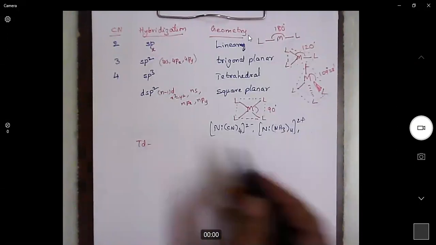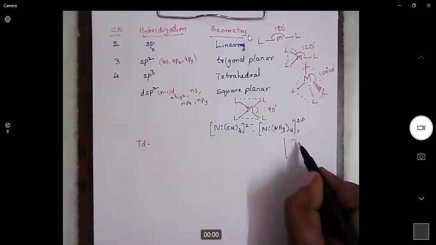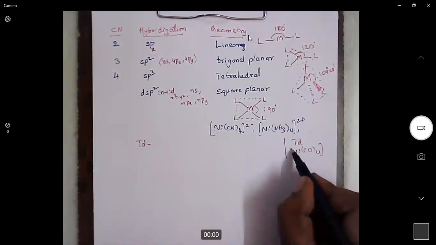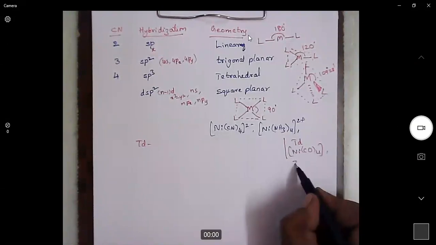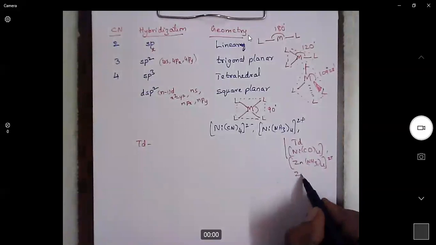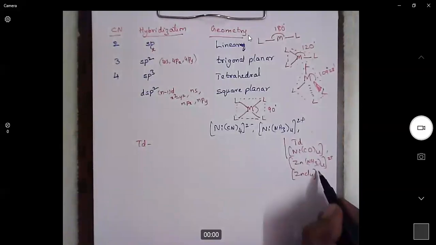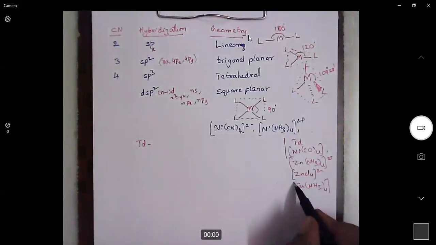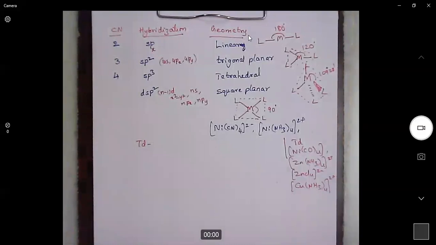For tetrahedral geometry, we have tetracarbonyl nickel, tetraammine zinc, tetrachlorozincate(II) and tetraammine copper(II). These are the examples for tetrahedral geometry.